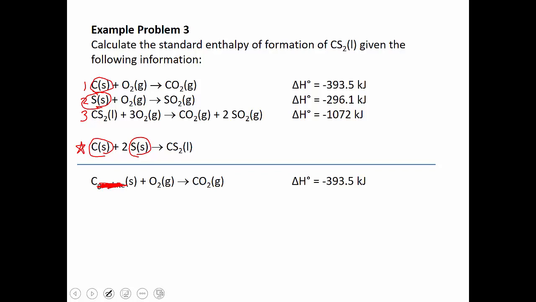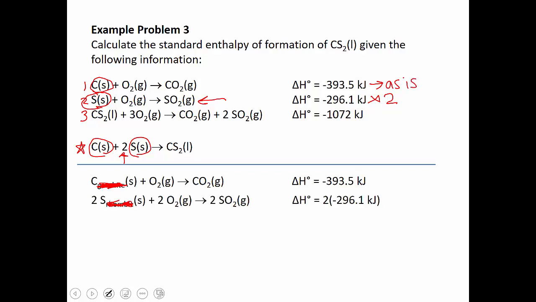No, we need a coefficient of 2. So we're going to multiply this entire reaction by 2. We're going to multiply all of these coefficients and our delta H. Let me just make a note. Our first reaction we kept as is. We're going to rewrite the second equation, multiplying all of the coefficients by 2, including the delta H.